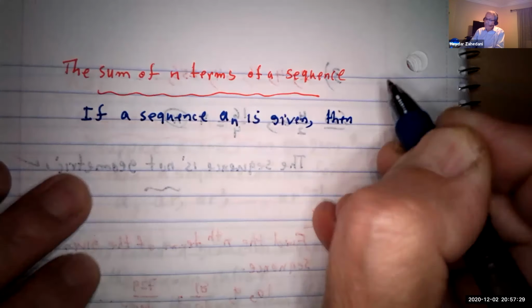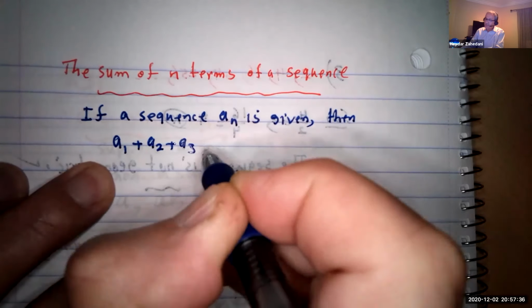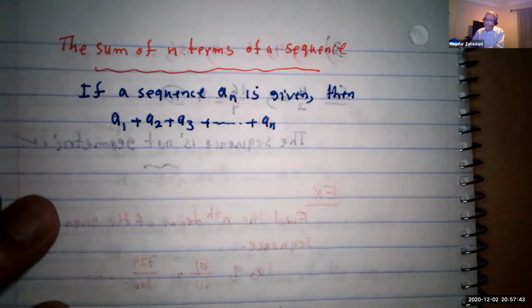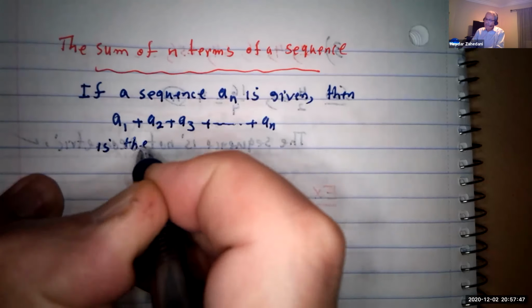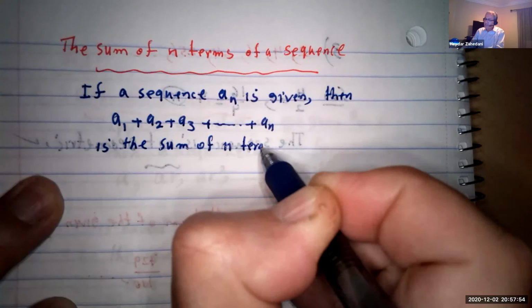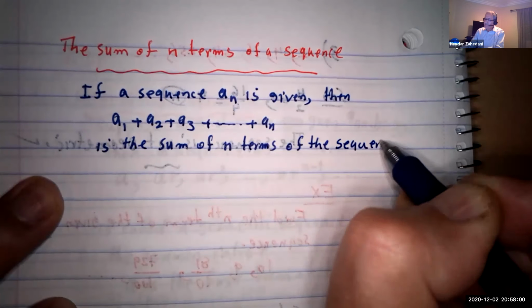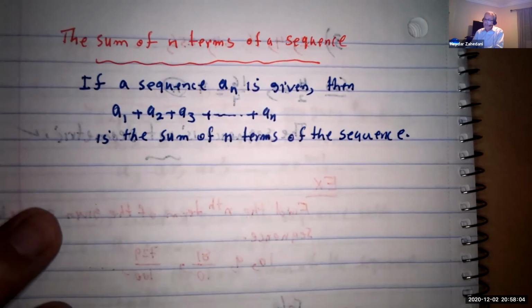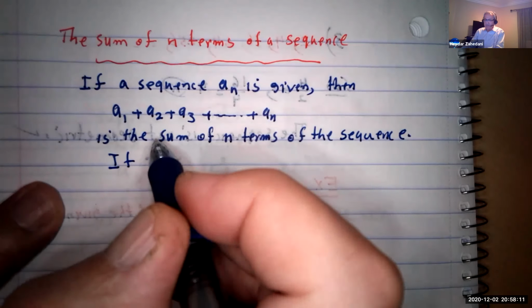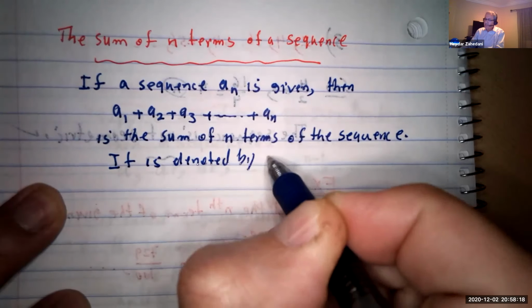then a1 plus a2 plus a3 up to an is going to be the sum of n terms of the sequence, and it is going to be denoted by Sn.